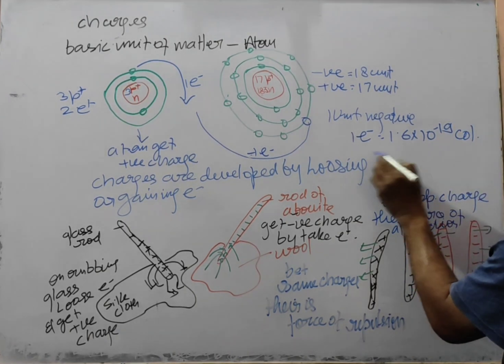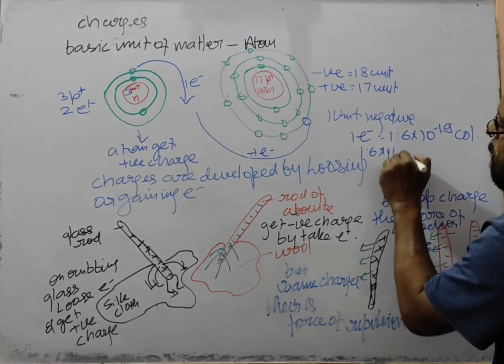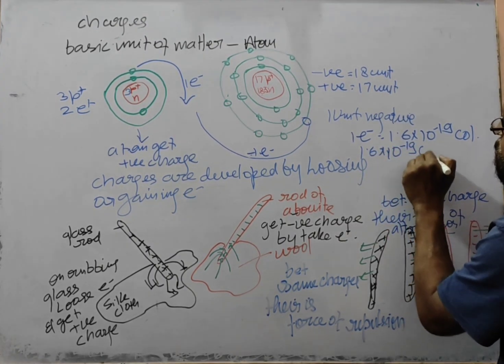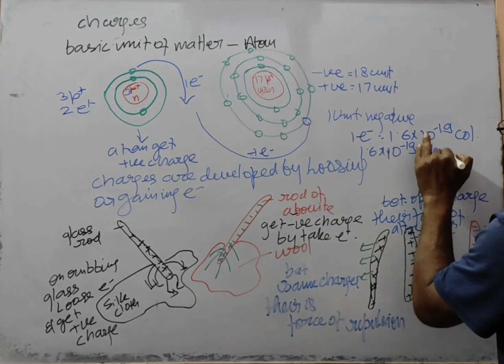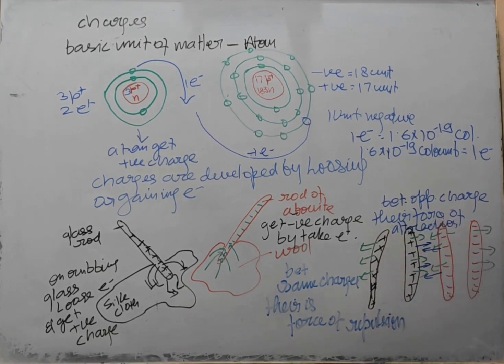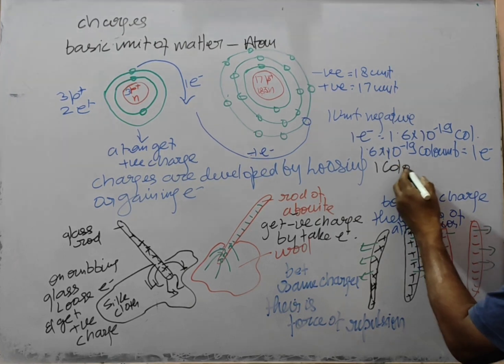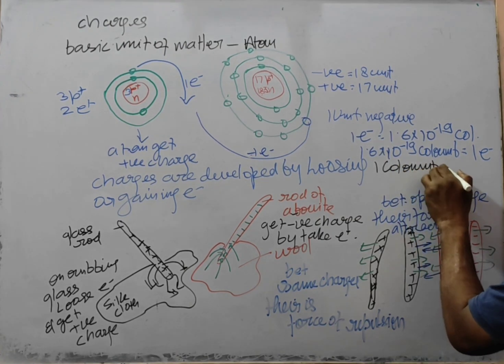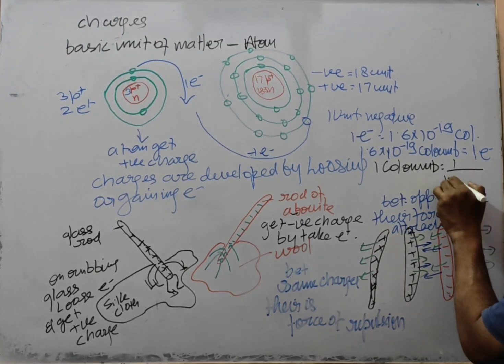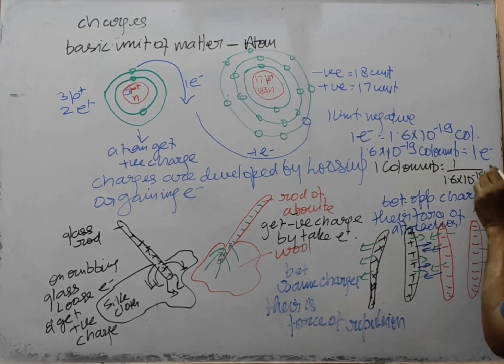So 1 coulomb is equal to how much? 1 coulomb is equal to 1 upon 1.6 into 10 to the power minus 19 electrons.